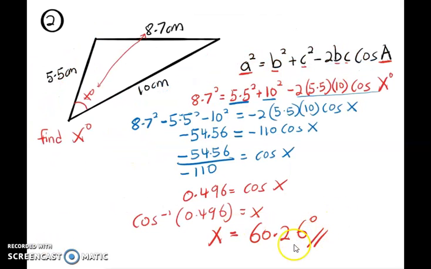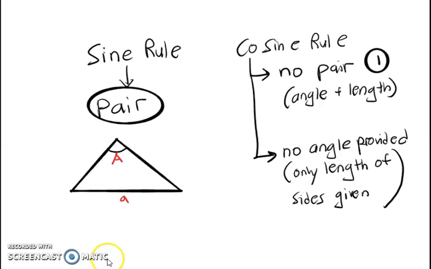So we have obtained the answer for the second case. I have explained the first case, where there is no pair, and the second case, where there is no angle provided. I hope you understand the cosine rule. Please remember that when you are using the sine rule, you must have a pair, an angle and also a length given.